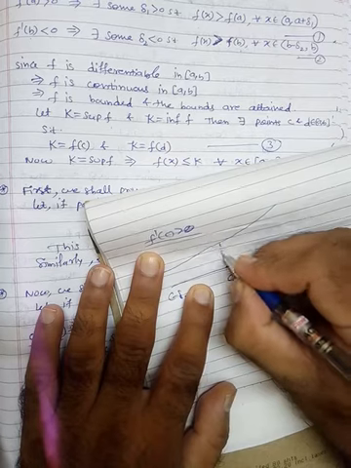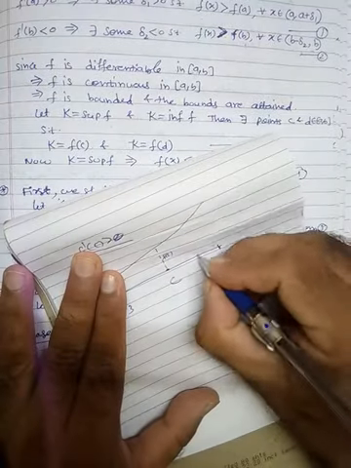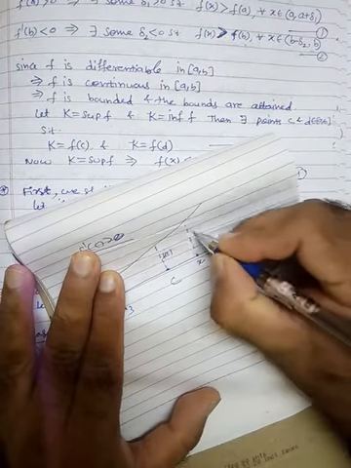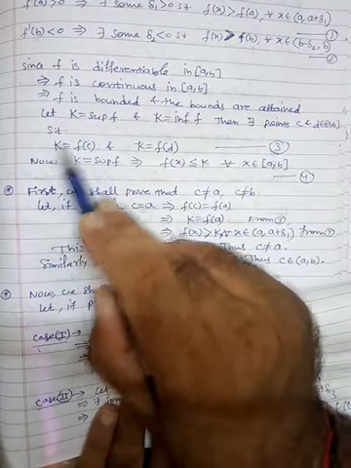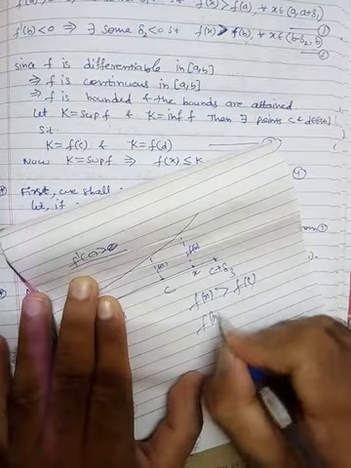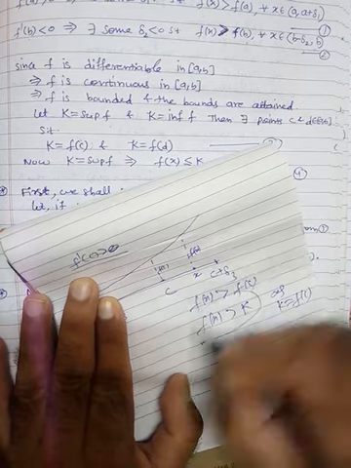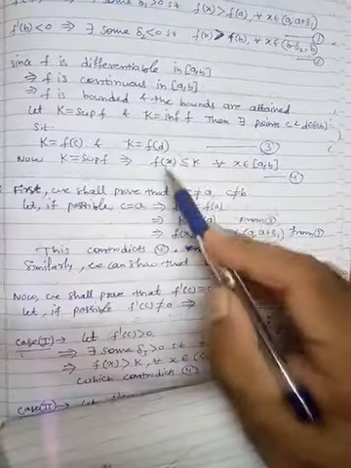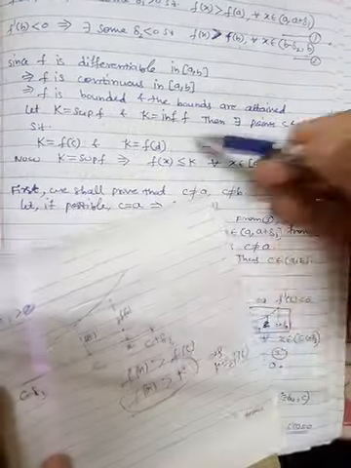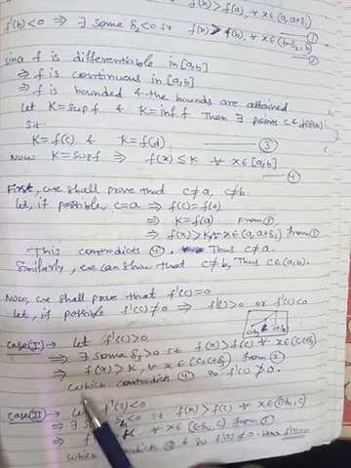So here this is f of C, and if you take your x here, this is f of x, so we can say that f of x is greater than f of C. But what is f of C? f of C is K, so this implies f of x is greater than K. This contradicts the fact that f of x is less than or equal to K, which contradicts equation 4.